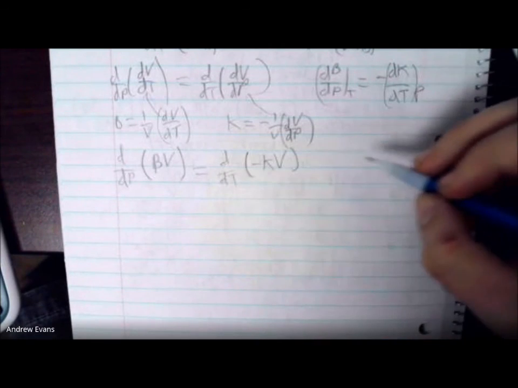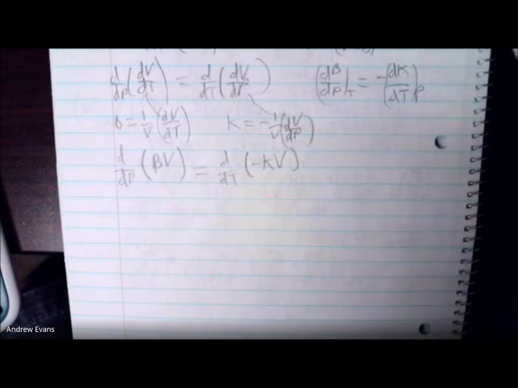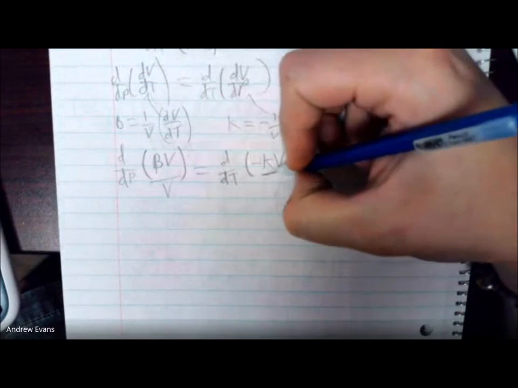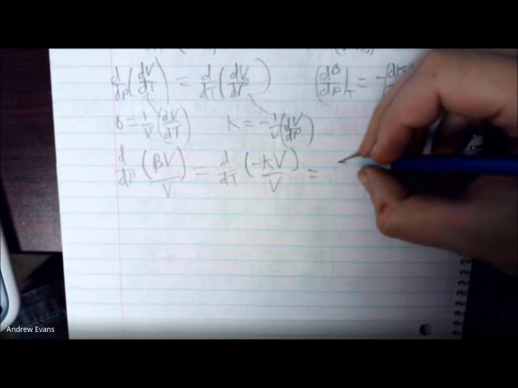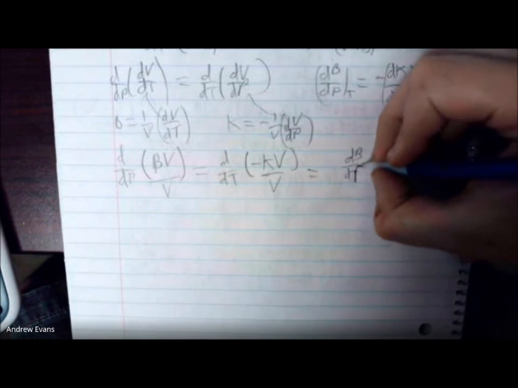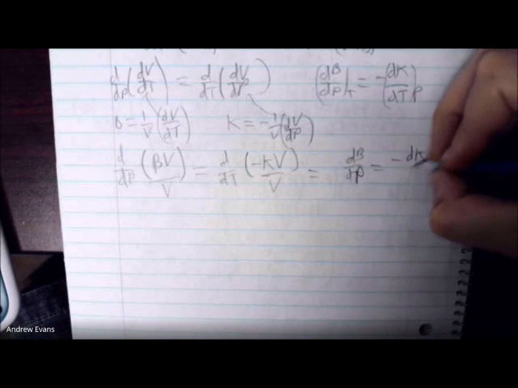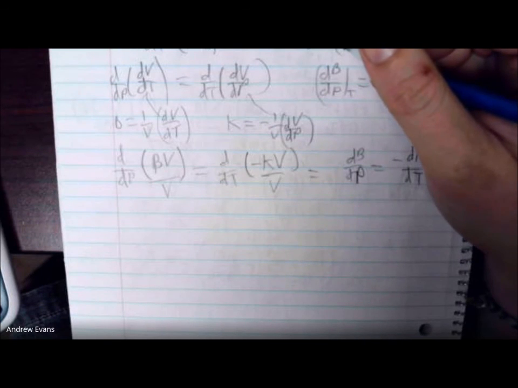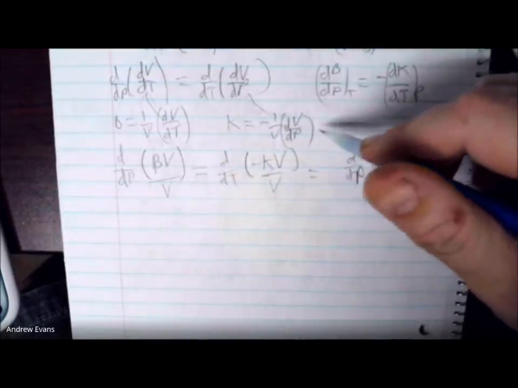Because they're both in terms of volume, we can divide out the volume. If I divide both sides by volume, you get d beta over dP equals negative d kappa dT, which is really not that bad. You just have to remember your expressions for beta and kappa.